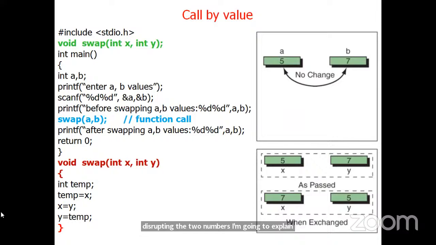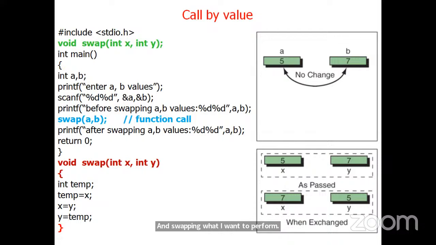First, what is the function declaration? Void, because I am not returning anything. Void and swap, because I want to perform swapping.